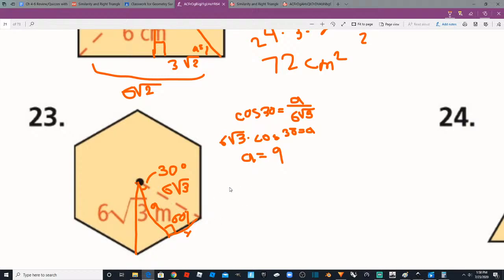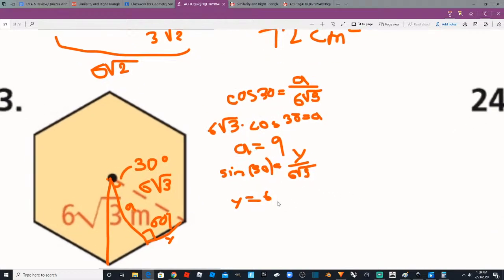So let's use sine. Sine of 30 is equal to y divided by 6 radical 3. You multiply both sides by 6 radical 3. You have y is equal to 6 radical 3 times sine 30.